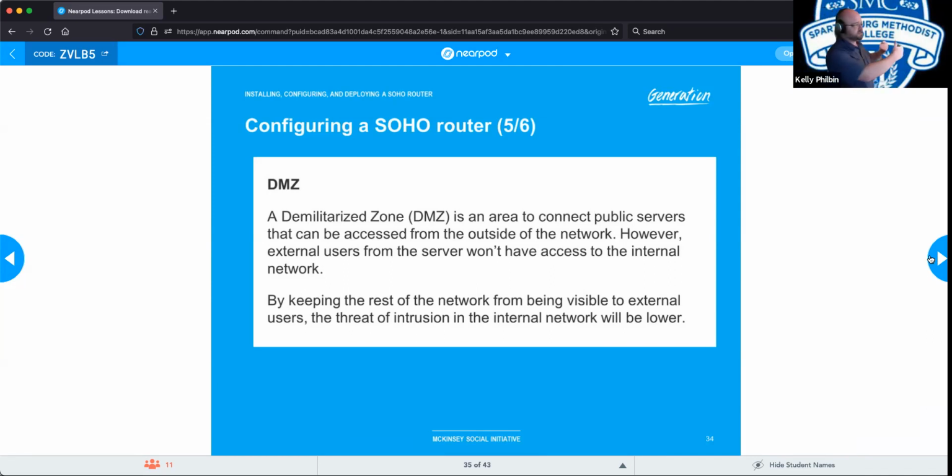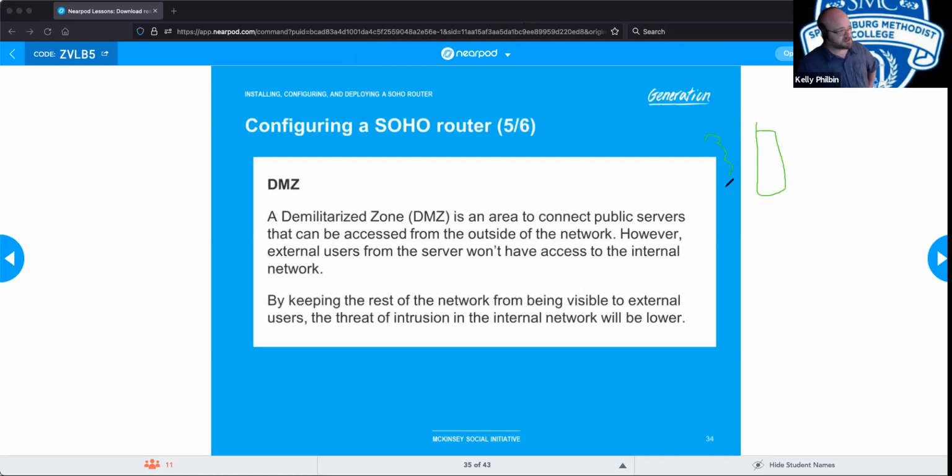So you have this demilitarized zone. In the computing world, this is a way to create an area of slightly less security and separate it off from your internal networks so you can keep your internal networks protected. Essentially you're creating two firewalls here.